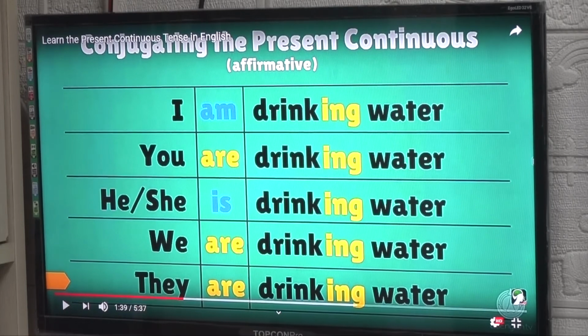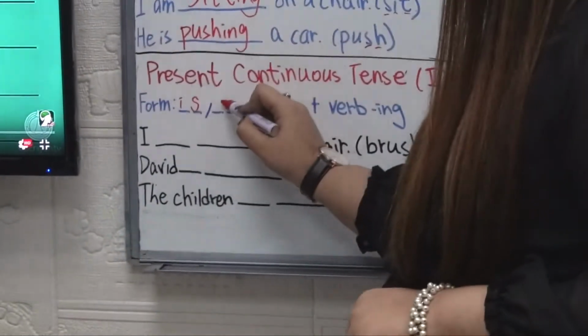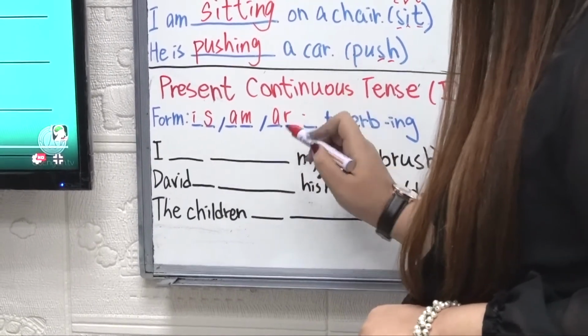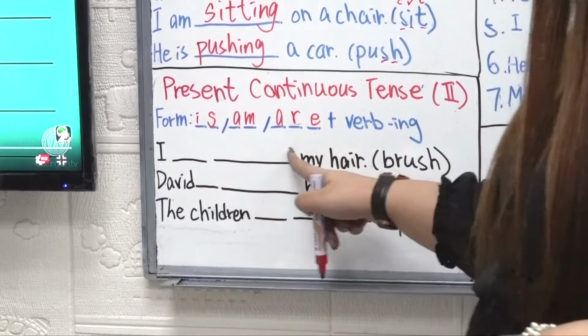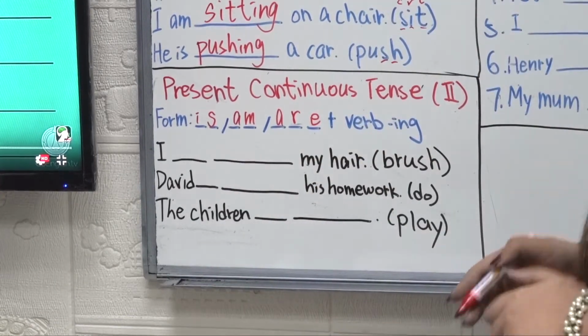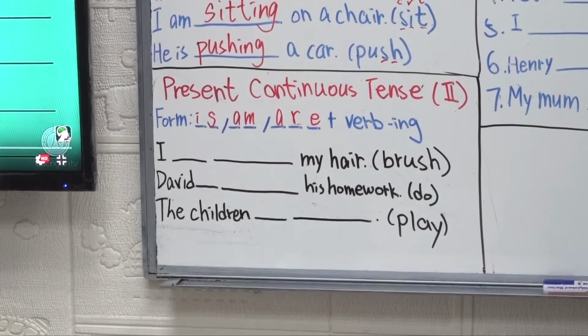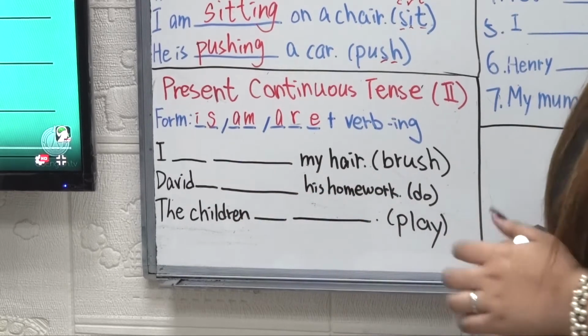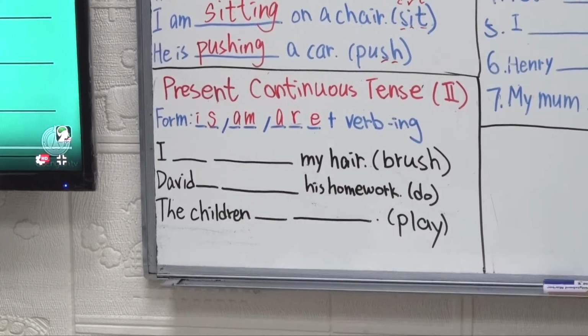Subject first, then is, am, or are, and then the present participle, the verb with ing. Okay, let's have a look at this sentence. I, what? My hair, brush. So the subject I is followed with which verb to be?